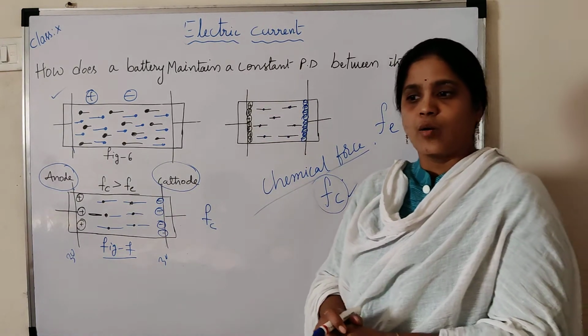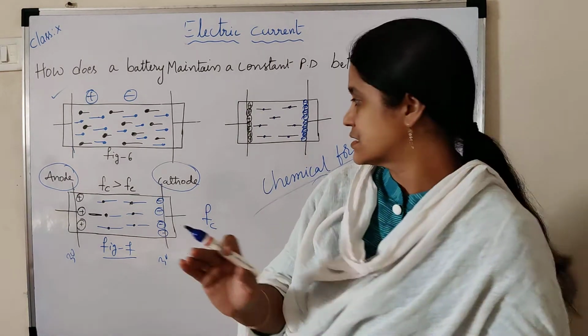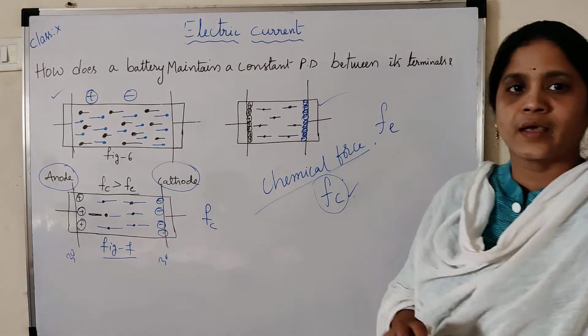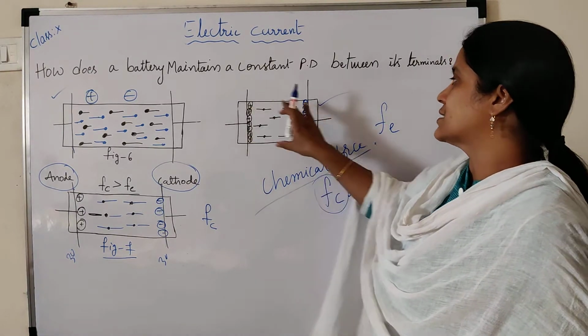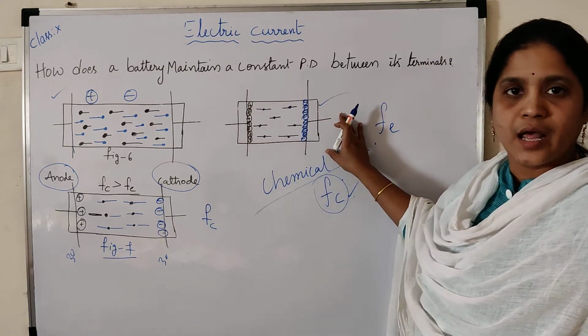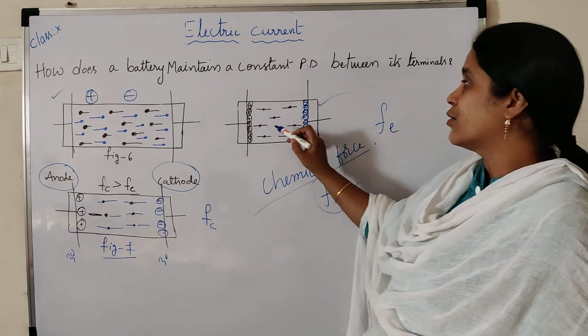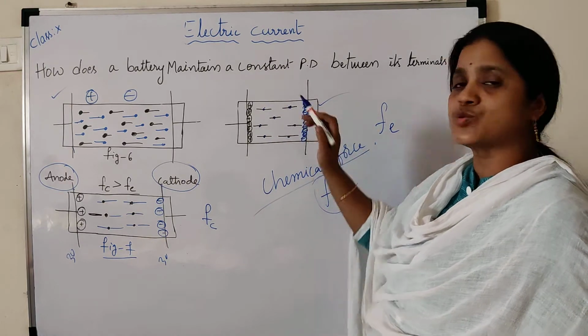Whatever battery you buy from outside is in this condition only: the same number of charges are accumulated at both ends, and when the number is satisfied on both ends, these ions will not move.